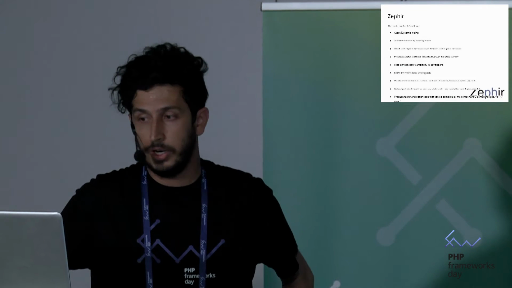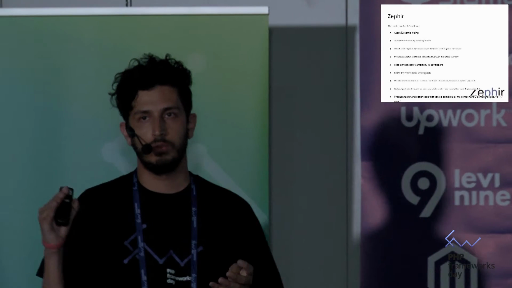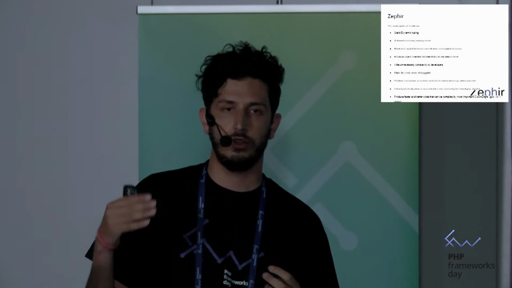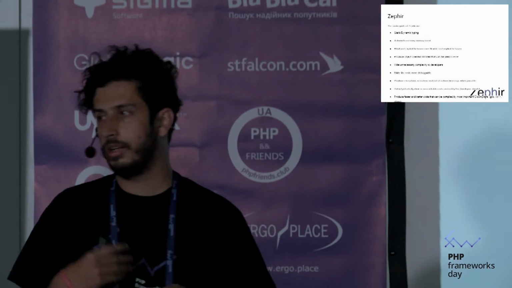So from the very beginning, Zephir has had very clear goals. We wanted the language to be static and dynamic. So if you don't want to declare the type of a variable, you don't have to. But if you want a variable to be an integer or a string or an array or any other type, you can do that.